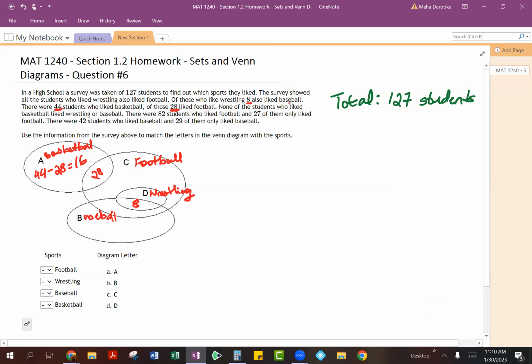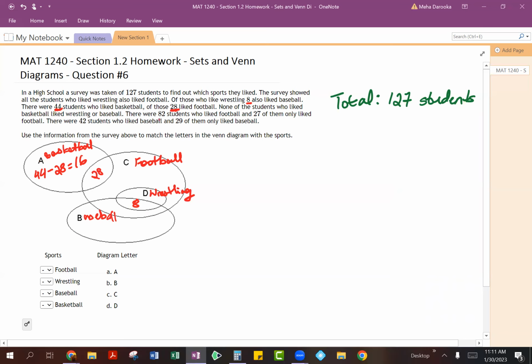None of the students who liked basketball liked wrestling or baseball. We can see that because there's no overlap between the basketball circle and wrestling or baseball. That confirms that we picked the right circle for our basketball students.